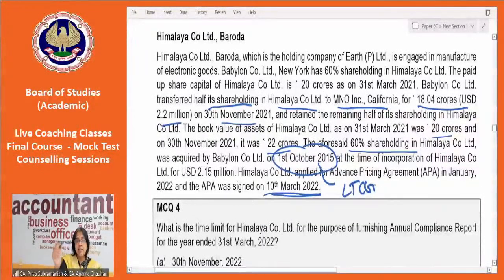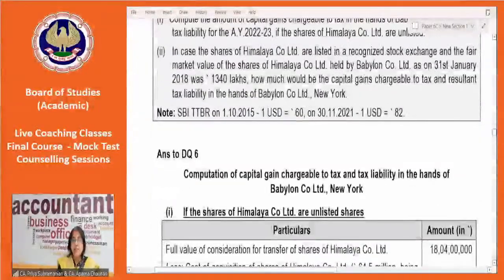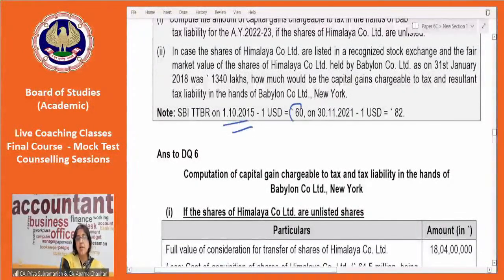If it's unlisted shares, what is the consideration? It is given 18.04. And what's the cost of acquisition? Cost of acquisition acquired at the time for 2.15 million. How will I convert it now? I need the buying rate, TT buying rate. TT buying rate is given here in the question. It's given on 1/10/2015, it's given as 60. So 60 into 2.15 million it is.